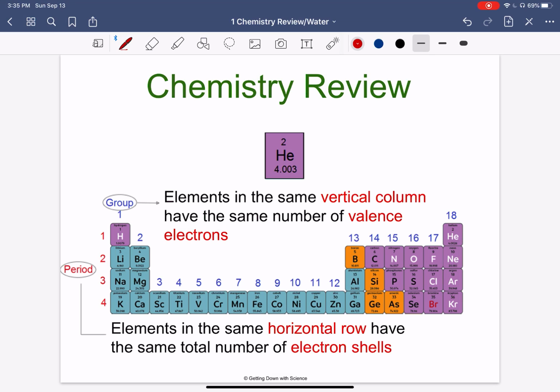And you can tell that because right here, there's only hydrogen and helium there. Now, in the second period, there's 8. There's 1, 2, 3, 4, 5, 6, 7, 8. So what the periodic table is set up to show you, one of the many things it's set up to show you, is how many electrons are actually in that outer ring, so you can tell how many times it actually can bond with something else.